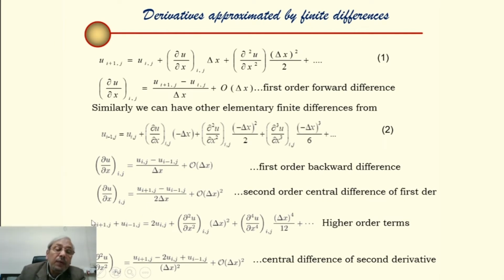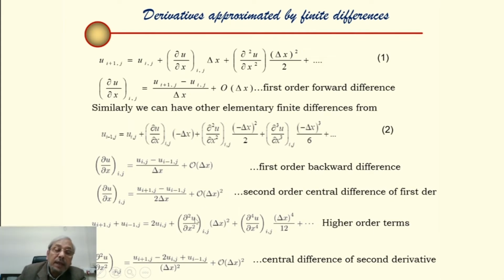Now in a similar way, from equation 1 and 2, if we add them, we will get u_i+1,j plus u_i-1,j equal to twice u_ij plus del 2u/del x2 at ij delta x square plus del 4u/del x4 at ij delta x power 4 by 12 and other higher order terms.